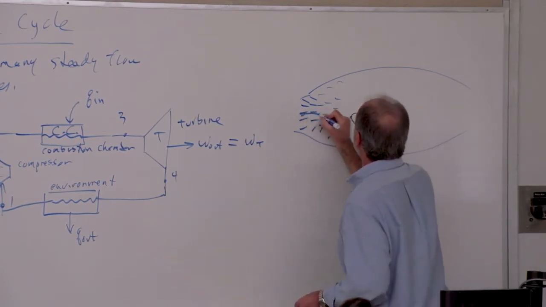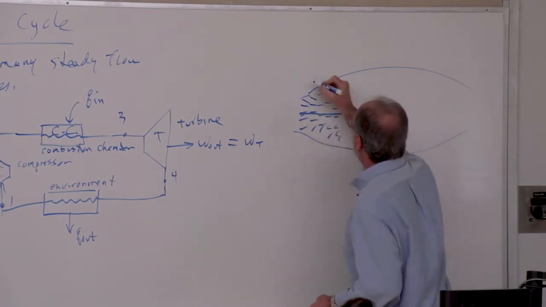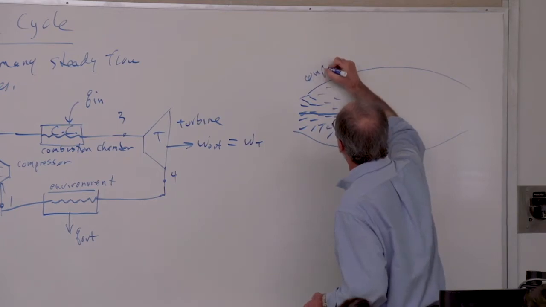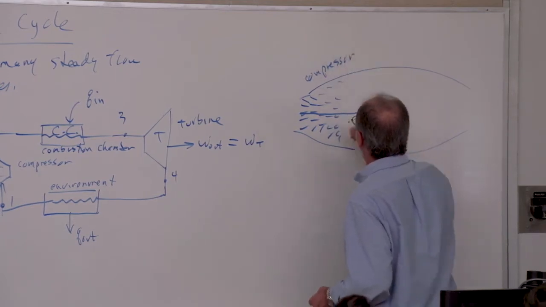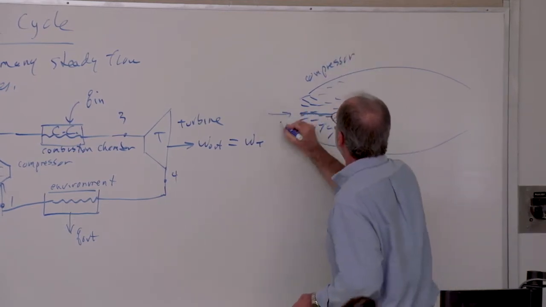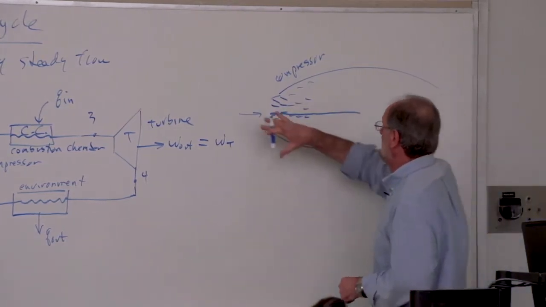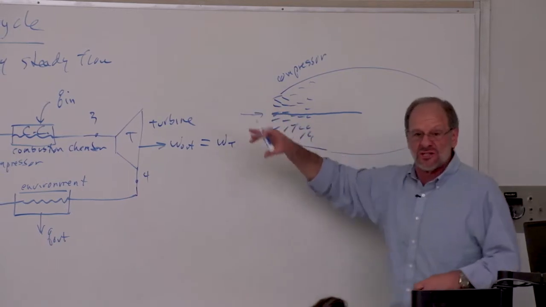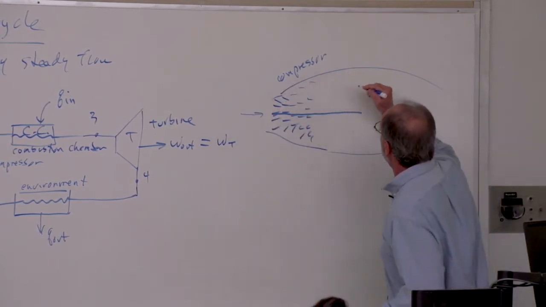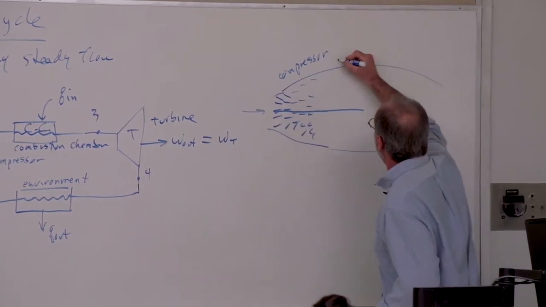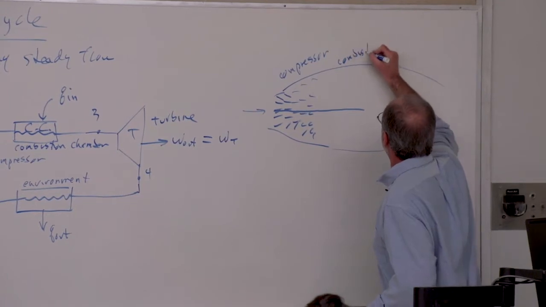So these blades are all compressor blades. So this is our compressor. As the gases move through, again, in our case it's air, but they're really gases. You know, air is a mixture of various gases. But we move through the compressor, we'll actually add fuel, and this is our combustion chamber.